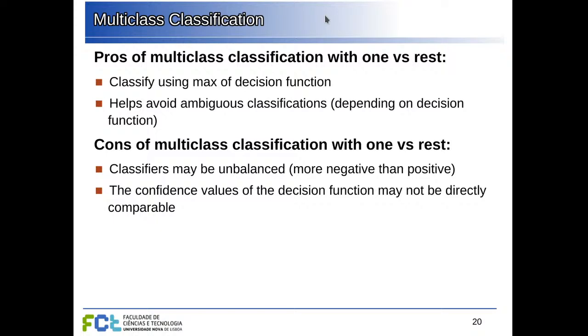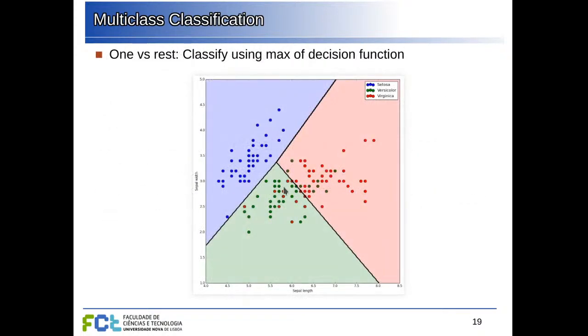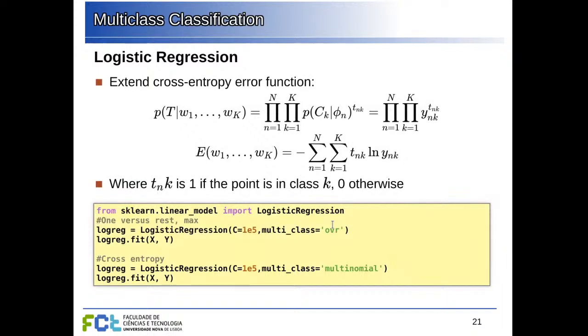So it's a bit questionable why the line is exactly there, just because one has a higher value than the other on the decision function, if those values may not be on the same scale. So this is not a perfect solution, but it's a very convenient one, and it's a very simple way of using any classifier that works for two classes, and we can use it for any number of classes.